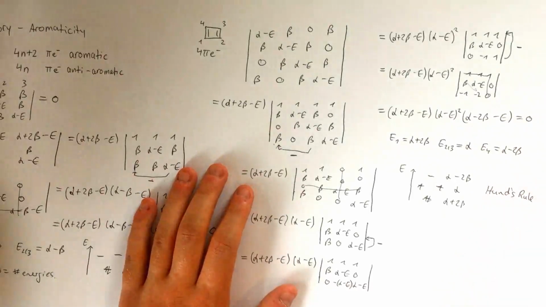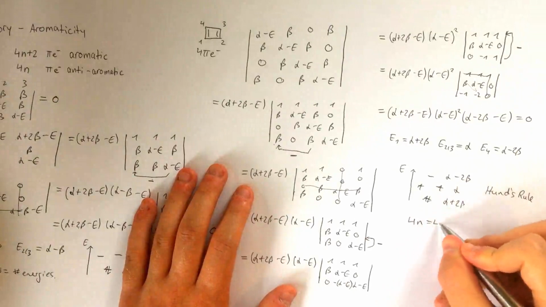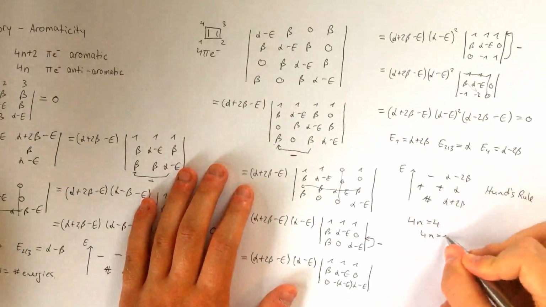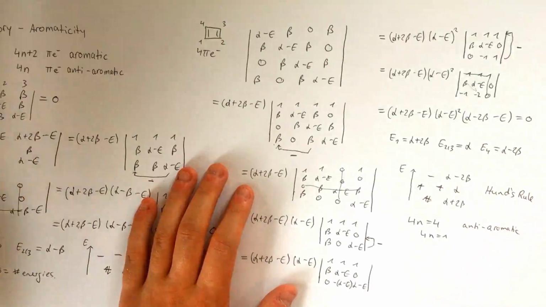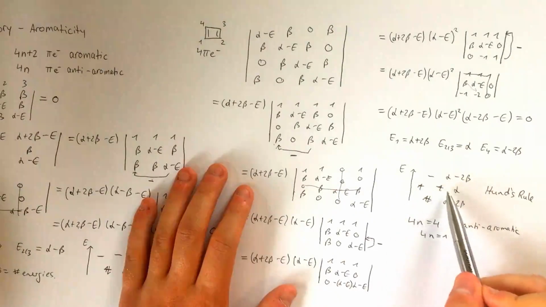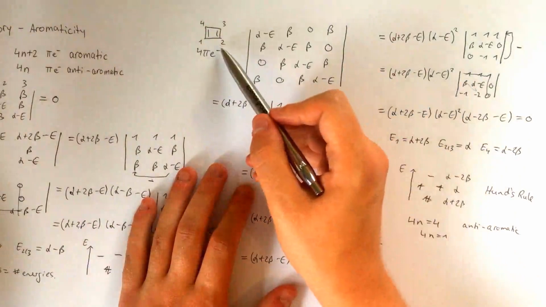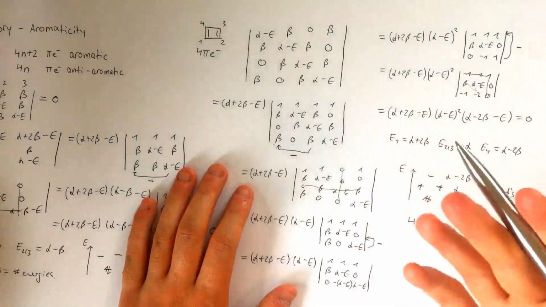So what this means, if we have four electrons, so that 4n equals 1, so we are anti-aromatic, right? Now we have a degenerate ground state if the molecule were to be aromatic and hence have a delocalized pi system.